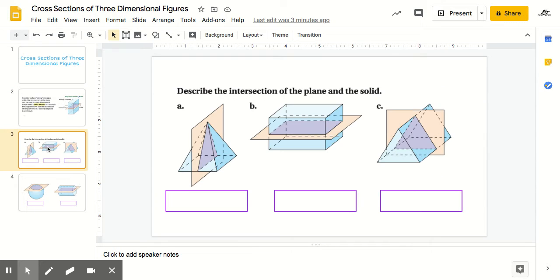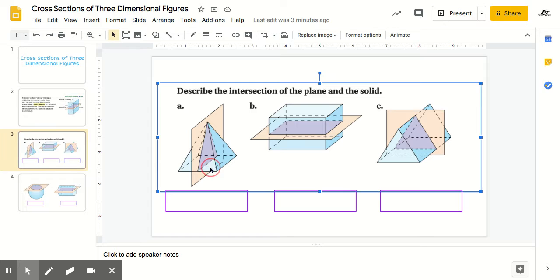Okay, so let's look at a bunch of examples. So it says, describe the intersection of the plane and the solid. Okay, so the plane is these orange shapes, and the solid is in A, it's a triangular prism or pyramid, excuse me. In B, it's a rectangular prism, and so on. So here, this was cut in half by this plane right here.